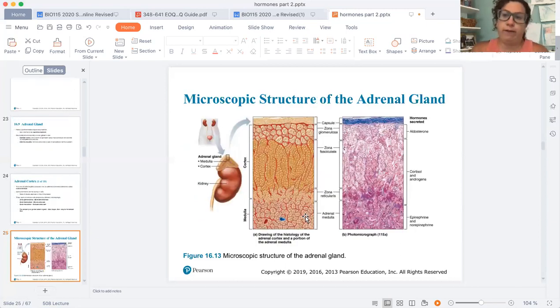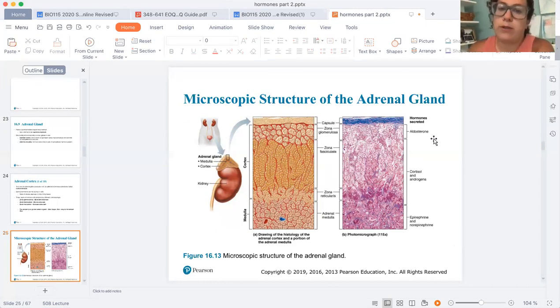If we look at it histologically under the microscope, each layer has a distinct look because they're all doing different things. So the medulla looks very different from the zona reticularis right here, the zona fasciculata, and the zona glomerulosa.